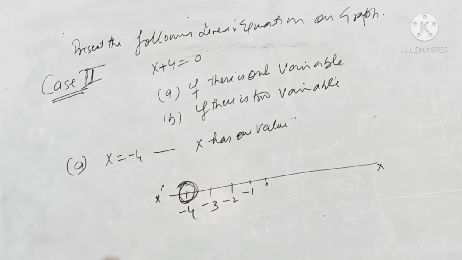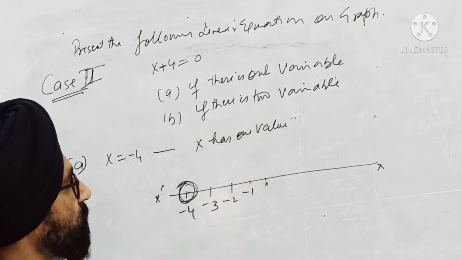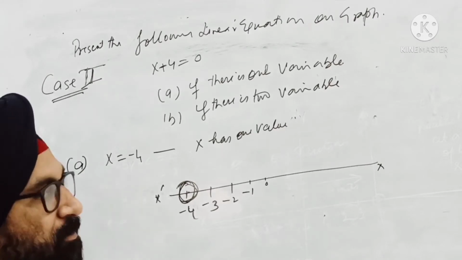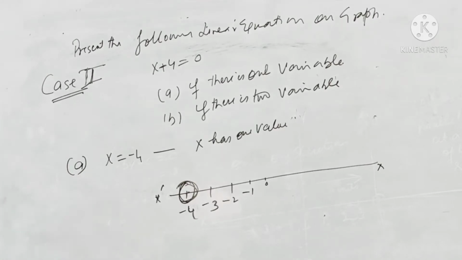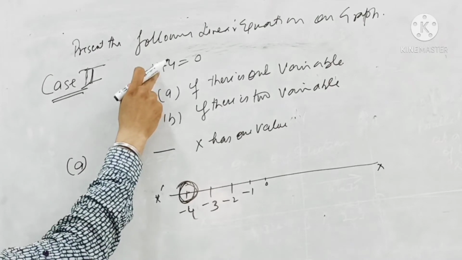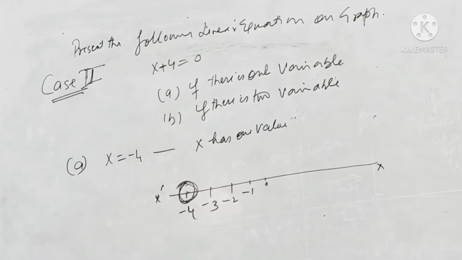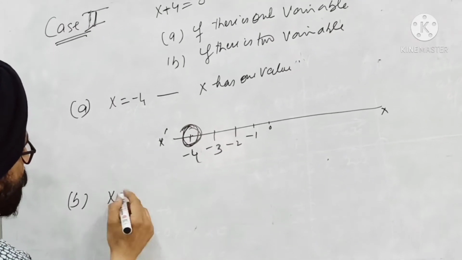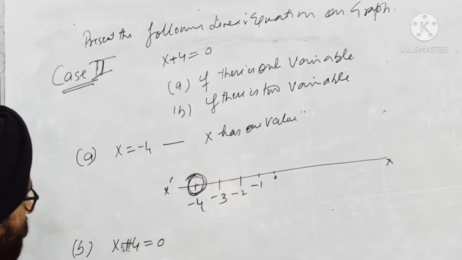First we will present the linear equation in the mathematical model, and we already discussed how to present the linear equation in the mathematical model. We will fit this equation into the two variable mathematical model. How to? x plus 4 is equal to 0.